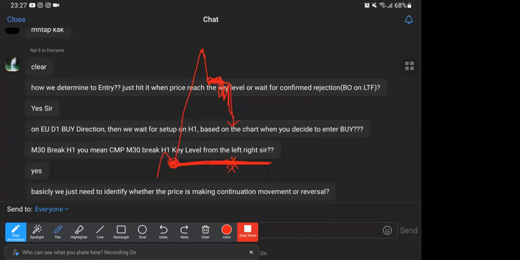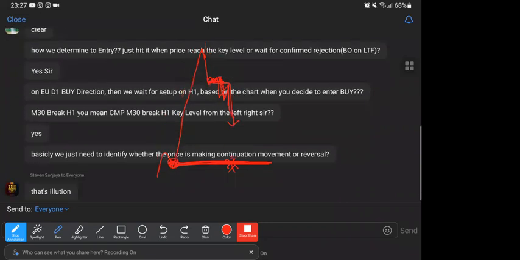I don't use the continuation or reversal terms because for me the terms will make you attach to something. So when you have in your mind, oh, we have a buy breakout, so we're going to look for buy continuation, you set your mind on buying only. This is what I prevent myself from. But if this works for you, it's okay.